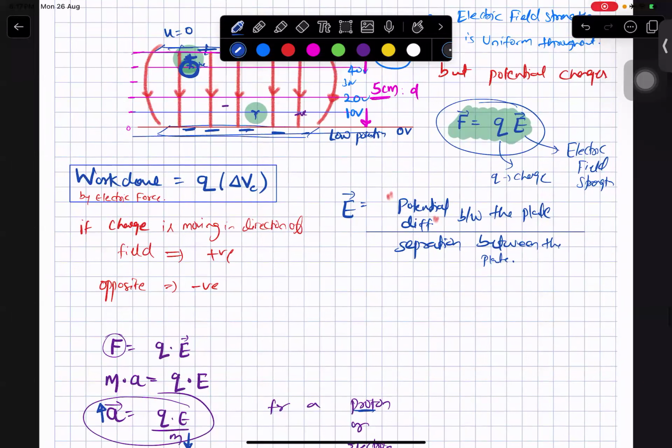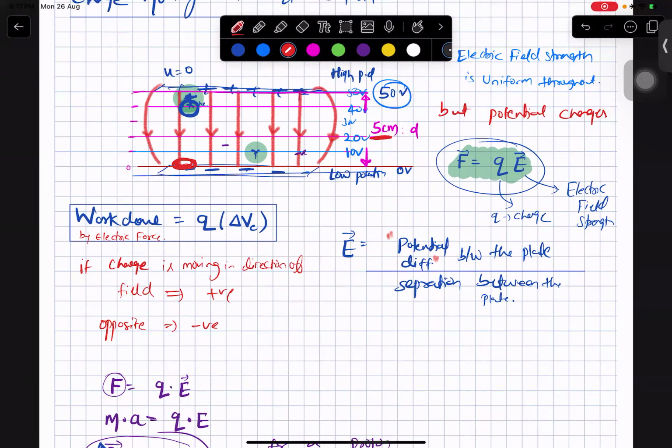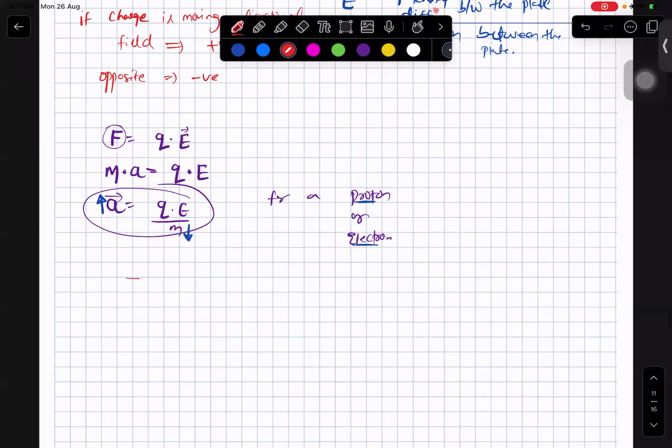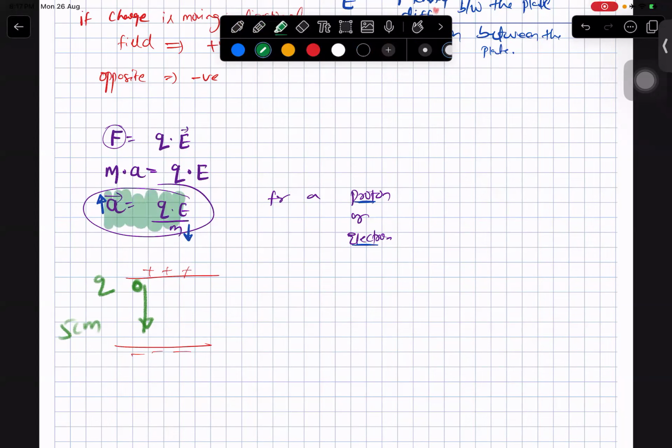Will you be able to calculate how much time it will take to reach the negative side of the plate? Let's say this is the positive plate and this is the negative plate, and the charge Q starts to move in this direction, which has to cover 5 centimeter from rest. Will I be able to calculate its acceleration according to this?